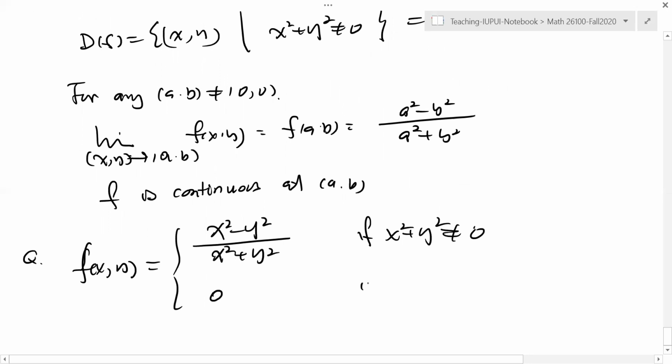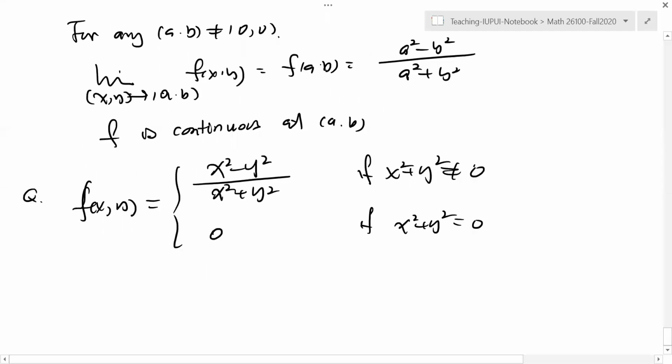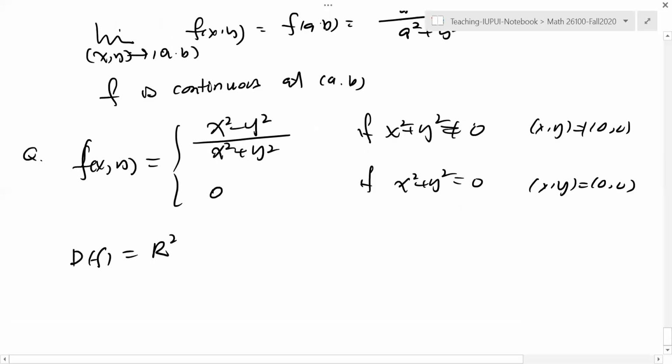I just say here, if x squared plus y squared is 0, that means it's the origin, and I can define f there. So the domain of f is the whole plane. Let's define it everywhere.